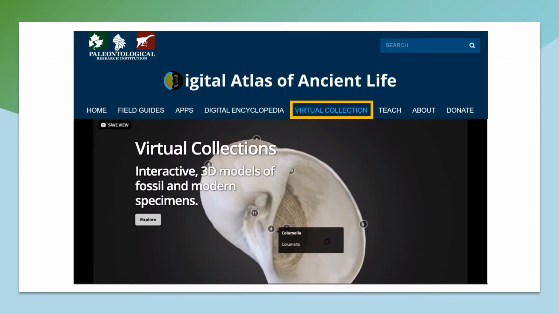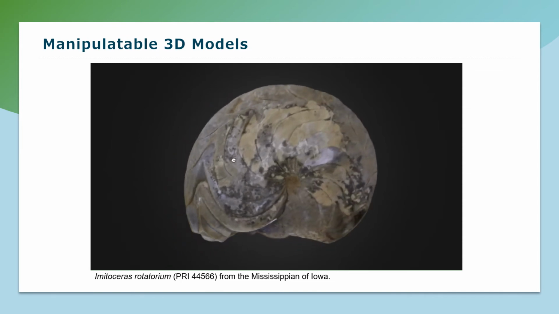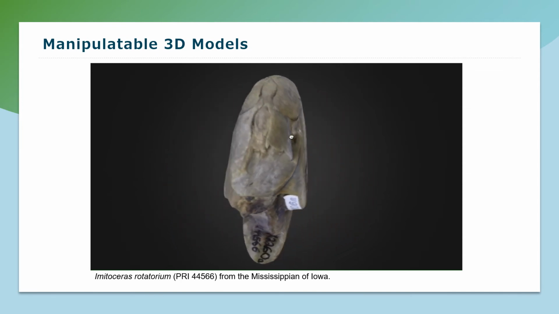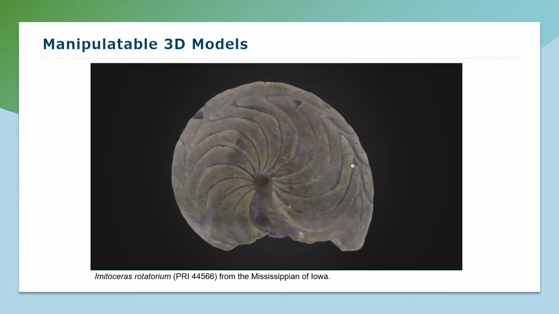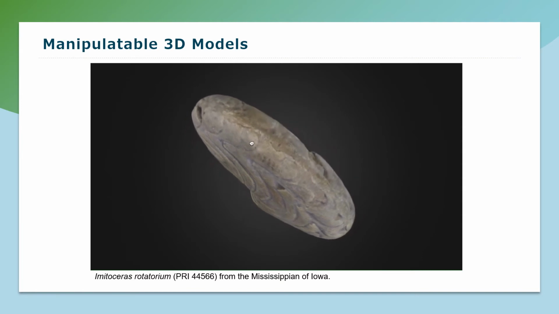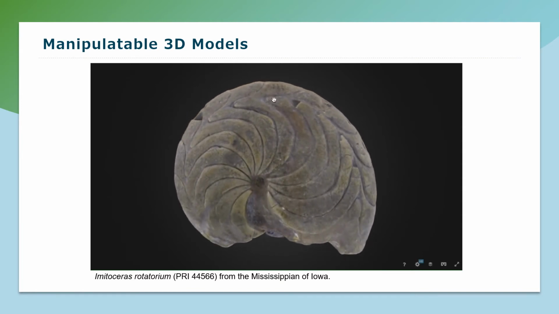So this is what our web page looks like. You can find the virtual collection here. Each of our 3D models is manipulatable. So what that means, it's as if you were holding this specimen in your hand and you can turn it over and investigate. You can zoom in on distinguishing characteristics, zoom out, and it really mimics that in-person experience with these specimens.